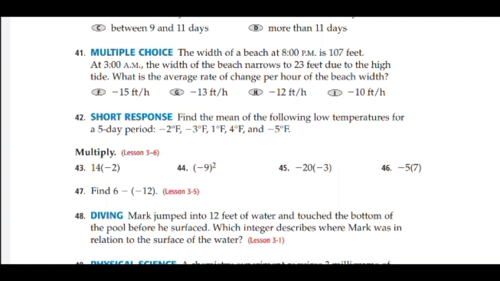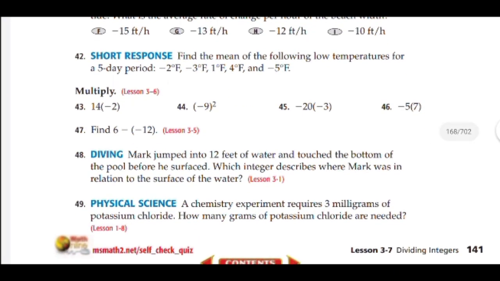42, Short response. Find the mean of the following low temperatures for a 5-day period: minus 2 degrees Fahrenheit, minus 3 degrees Fahrenheit, 1 degree Fahrenheit, 4 degrees Fahrenheit, and minus 5 degrees Fahrenheit. Multiply. 48, Diving.